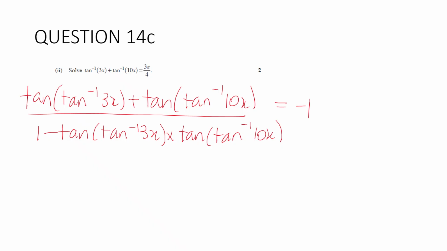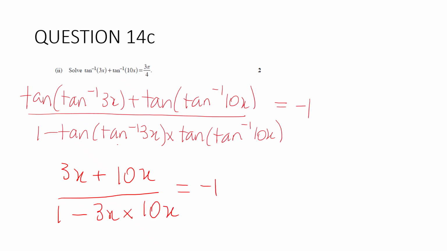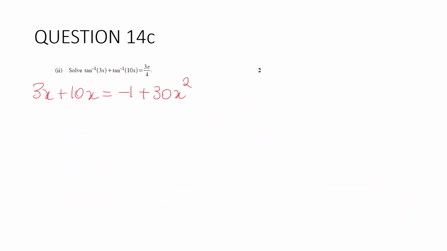Tan of inverse tan of 3x is 3x, plus tan of inverse tan of 10x is 10x, all over 1 take away 3x times 10x, is equal to negative 1. So therefore 3x plus 10x must equal negative 1 plus 30x squared. So we have a quadratic here. We have 30x squared minus 13x minus 1 is equal to 0.